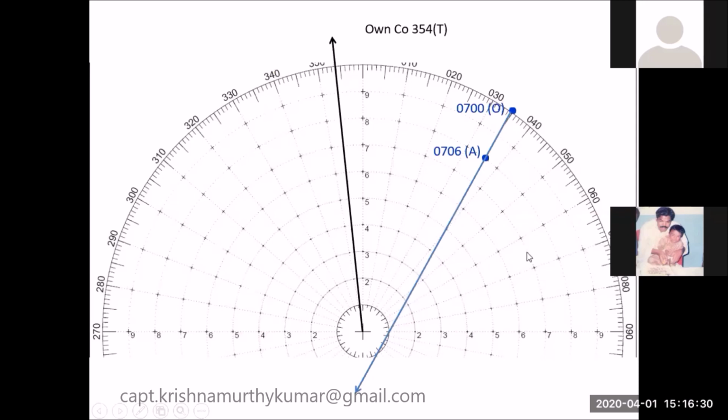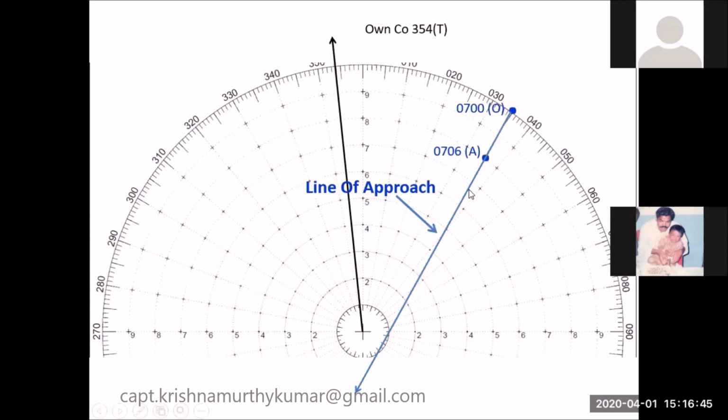Let us give this blue line some name. Just think of some name. What are we going to call the blue line? The blue line is the line of approach.